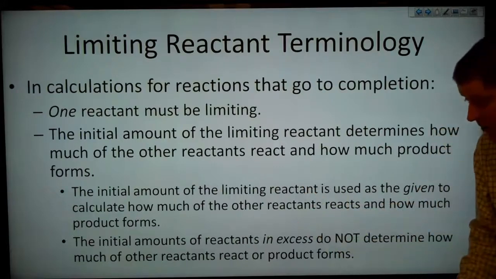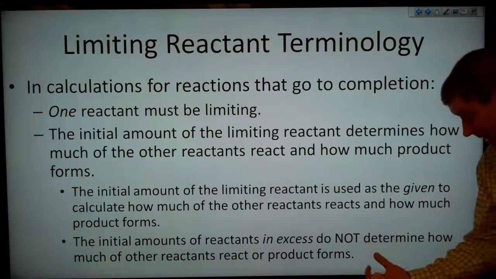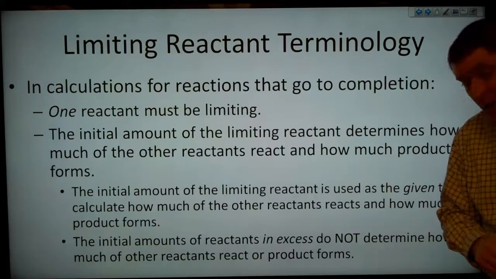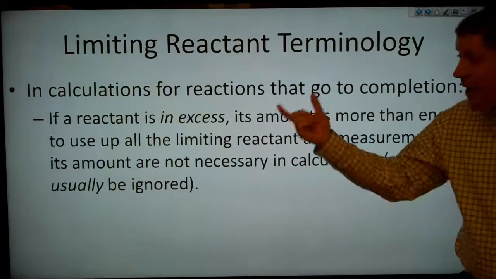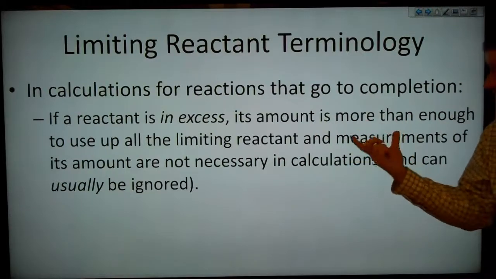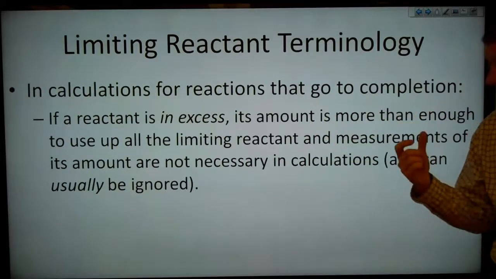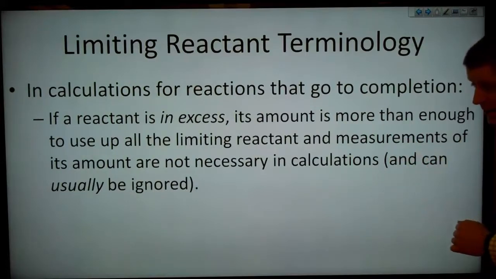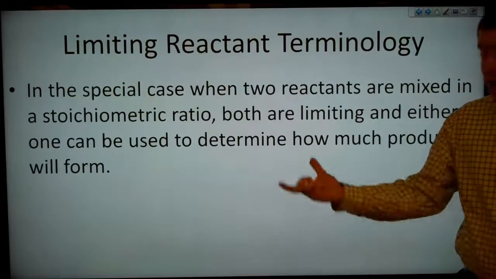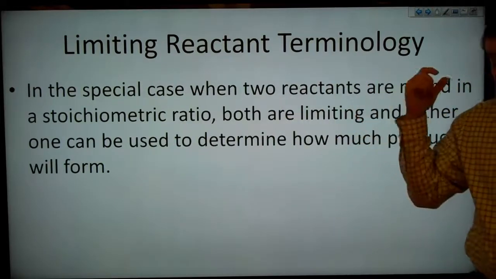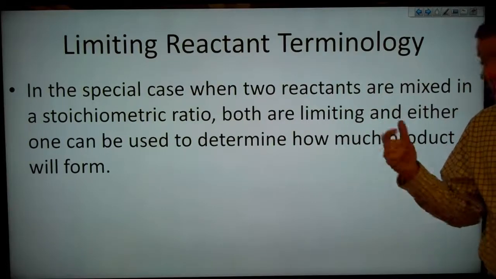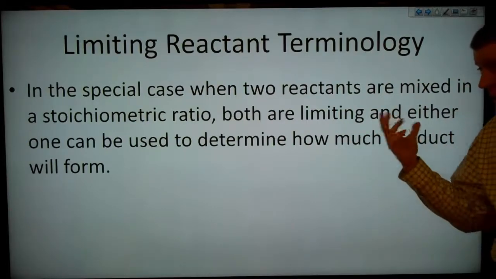Now, the initial amounts of reactants in excess do not determine how much of other reactants react or products form. Also, if a reactant is in excess, then its amount is more than enough to use up all the limiting reactant, and measurements of its amount are not necessary in calculations and can then usually be ignored. In the special case when 2 reactants are mixed in a stoichiometric ratio, both are limiting, and either one can be used to determine how much product will form.